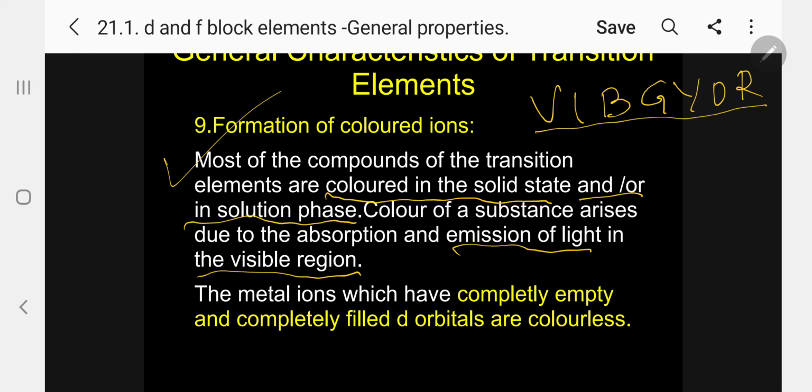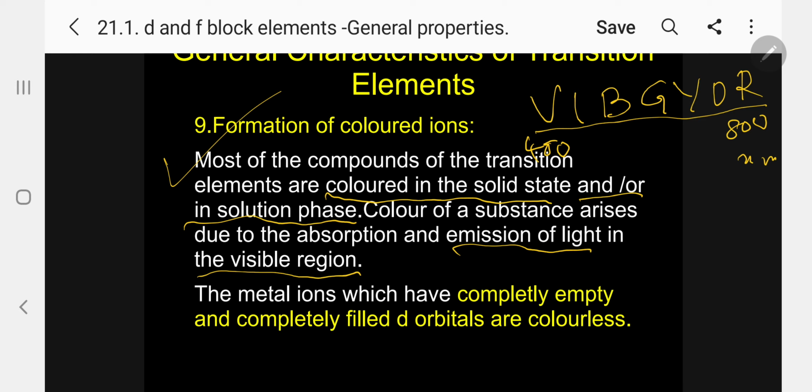Approximately it is from 400 to 800 nanometer or 4000 to 8000 Angstrom unit. So depending upon the region, its color may be blue, green, yellow, orange or red. Normally red means the higher range, 8000 Angstrom unit.